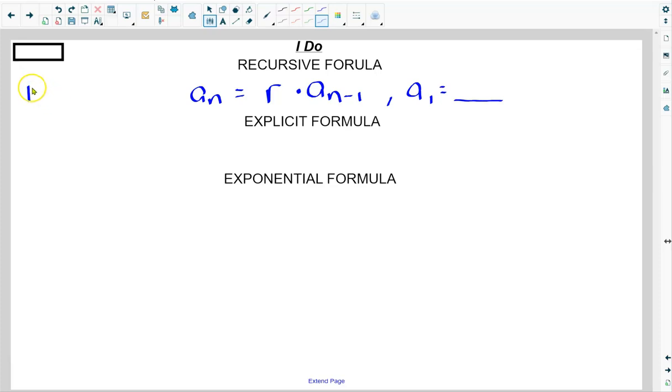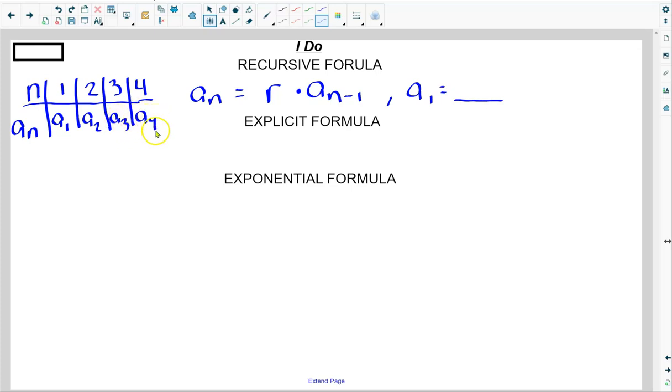So for your notes, we'll say N, and create this little table here. You've got 1, 2, 3, 4. Over here, you have an actual value in position 1, which is A1, A2, A3, A4.